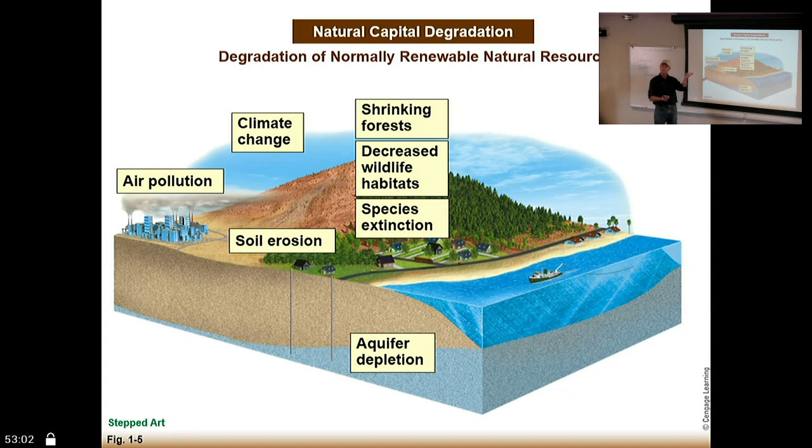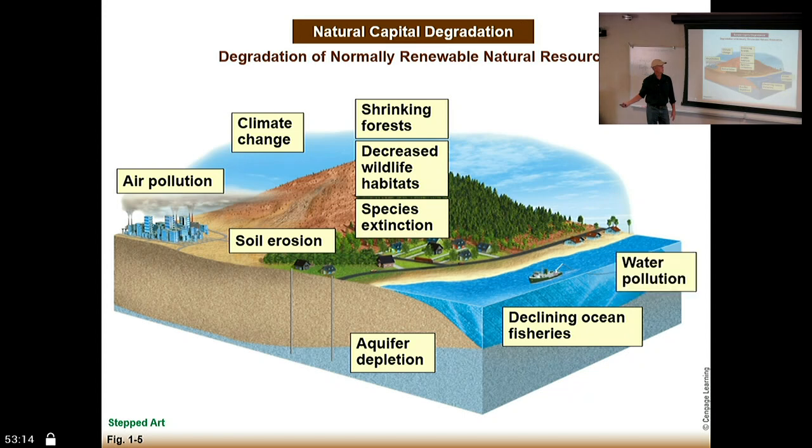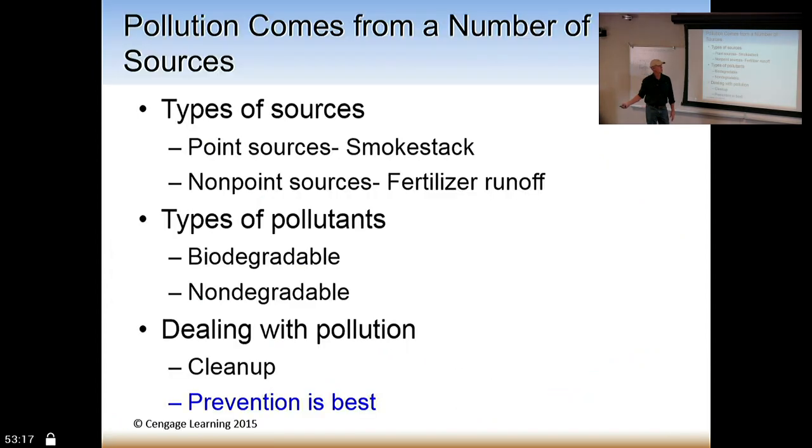Where is it being replenished from? Either from rainfall, or mostly it seeps under the ground from the mountains, from the snow and rain in the mountains. Declining ocean fisheries, water pollution. These are all ways that we're overusing our natural capital.